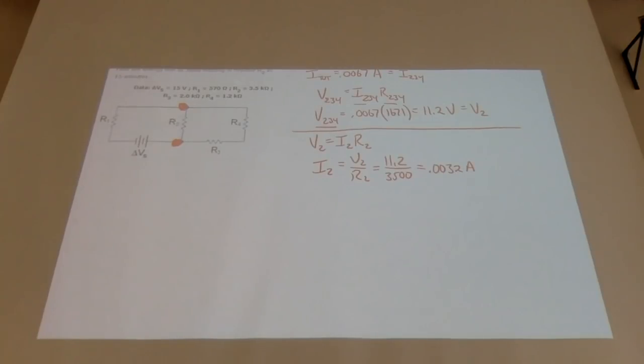Now, before I go any further, I still want to point out how some of these circuit parts are fitting together. Remember we said the total amount of current here was 0.0067. We just found out that some of that went this direction, right? 0.0032 goes through resistor 2. But some of it keeps going straight, right? How much of it keeps going straight? 0.0035, right?